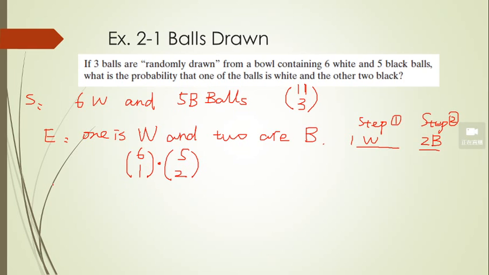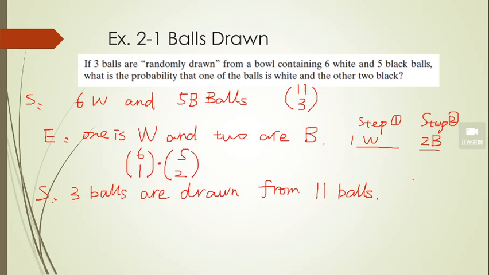And then what are the outcomes in the sample space? In the sample space, that means 3 balls are selected, are drawn, right? 3 balls are drawn from how many in total? Are drawn from totally 11 balls. That is the sample space interpretation. 3 balls are drawn from 11 balls.